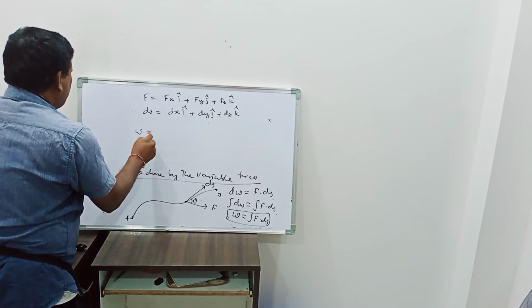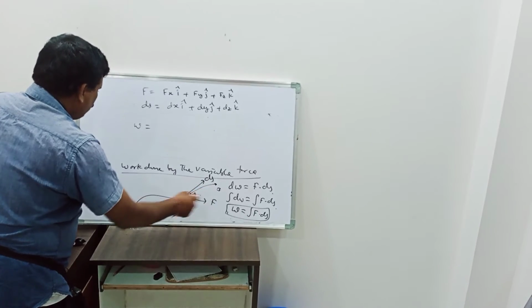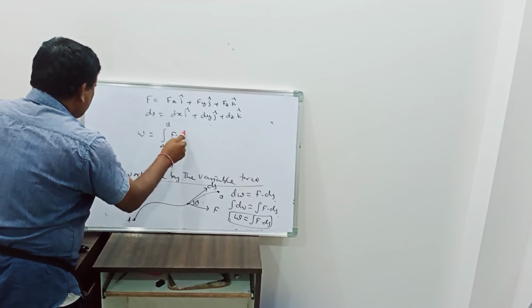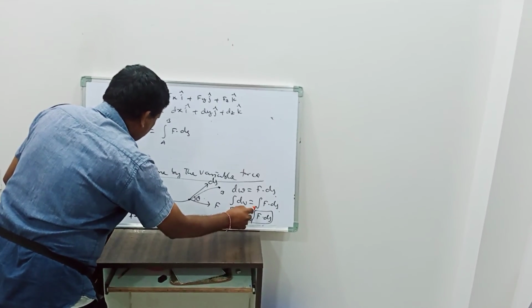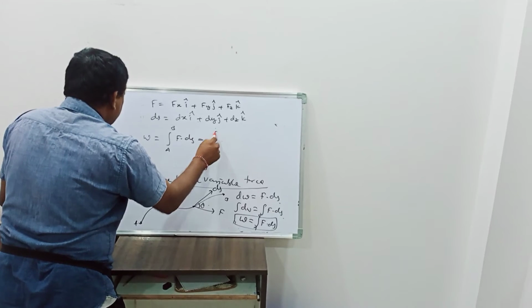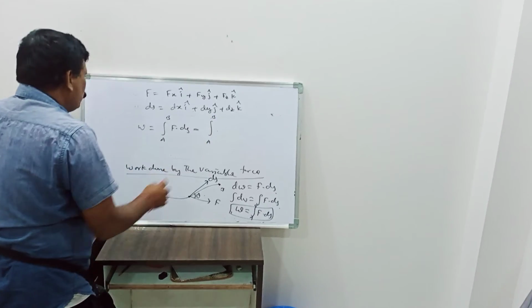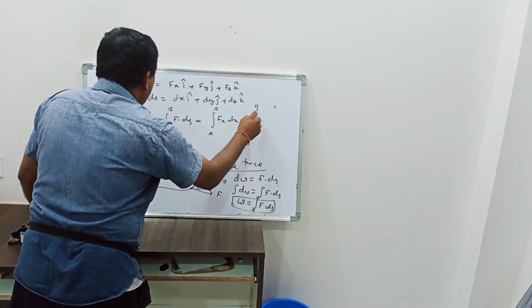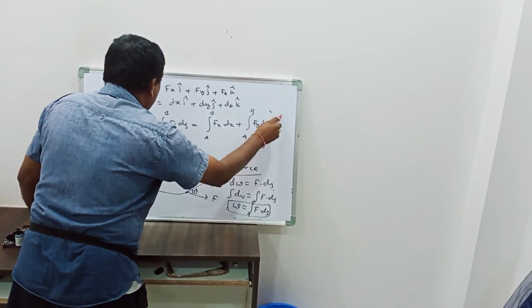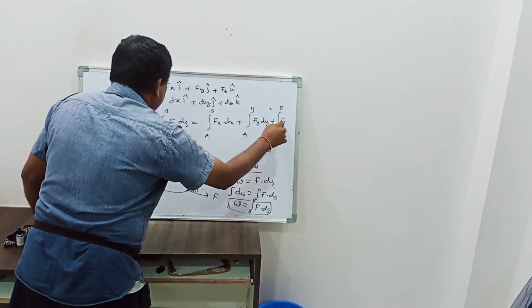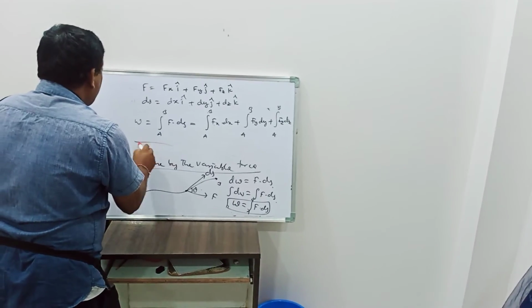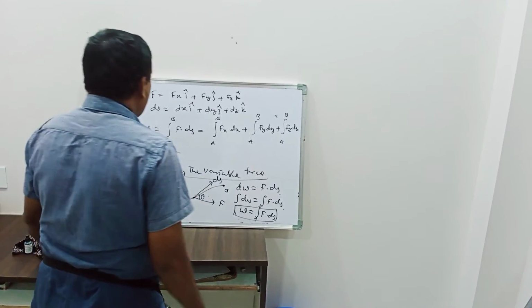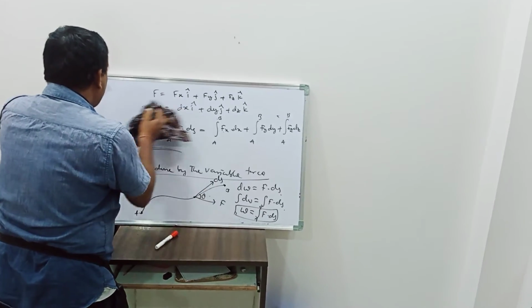So we can write W is equal to integral from A to B of F dot ds, which is integral A to B Fx dx plus integral A to B Fy dy plus integral A to B Fz dz. This equation refers to the work done by the variable force. So we have discussed work done by the variable force.